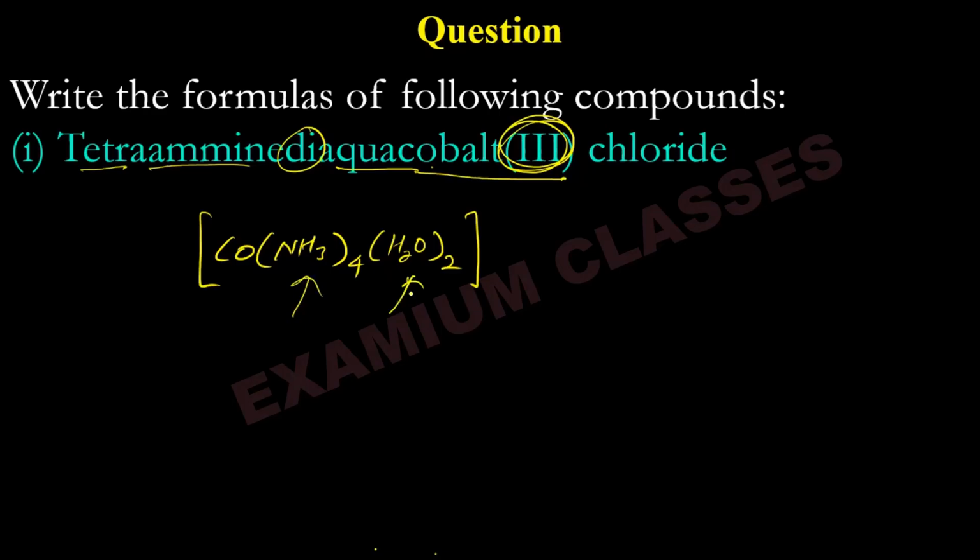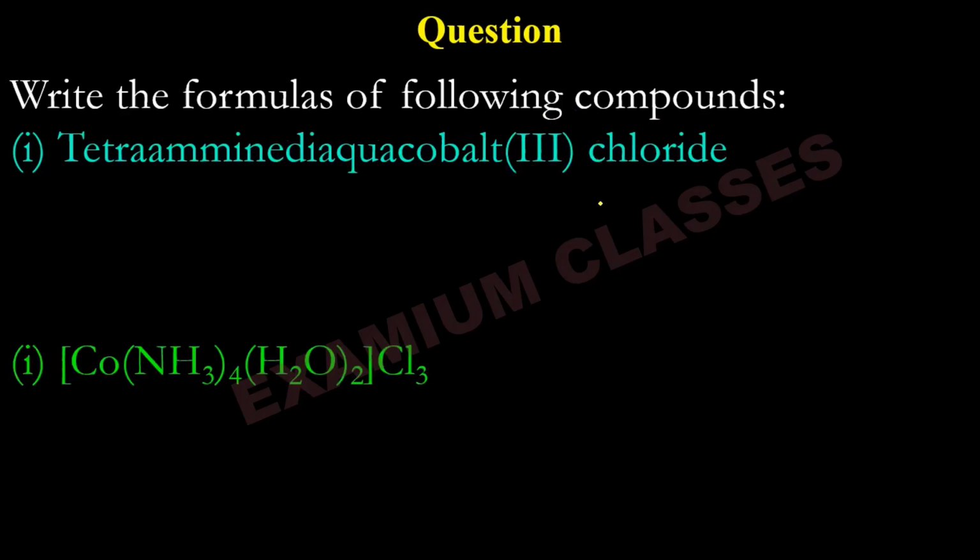Ammonia and water molecules are neutral molecules. It means whatever oxidation state we have on cobalt, the same will be the charge on this coordination sphere. So there should be 3 chlorides to balance this +3. So here you will have Cl3. Co(NH3)4(H2O)2Cl3.